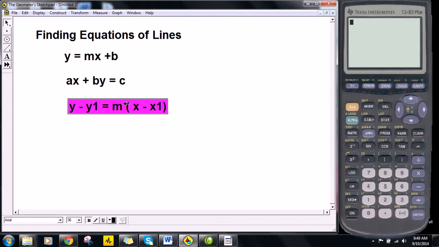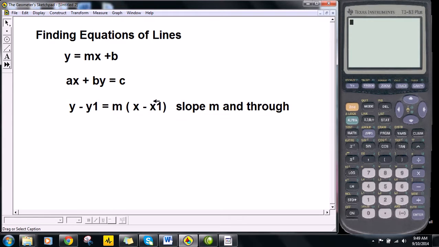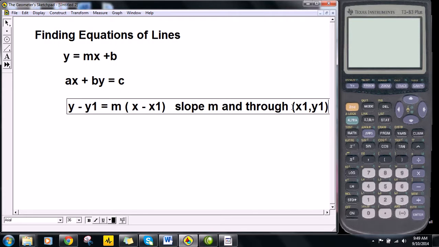For this particular look, m is the slope, just like it is in slope-intercept form. So slope m, and through the point x1, that's the x value of the point it goes through, and y1 is the y value of the point. So through the point (x1, y1). Let me show you how this is usable.